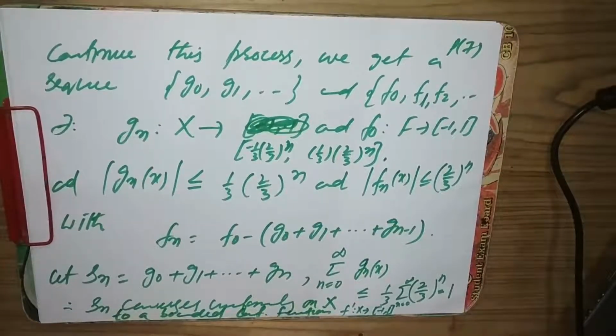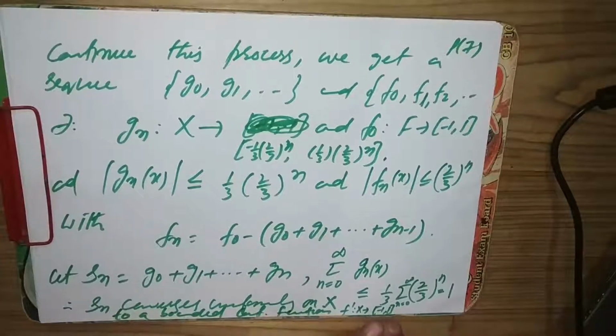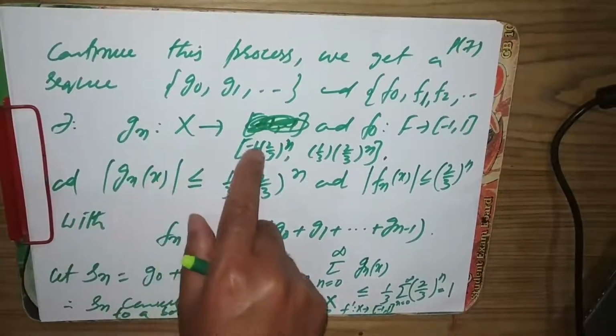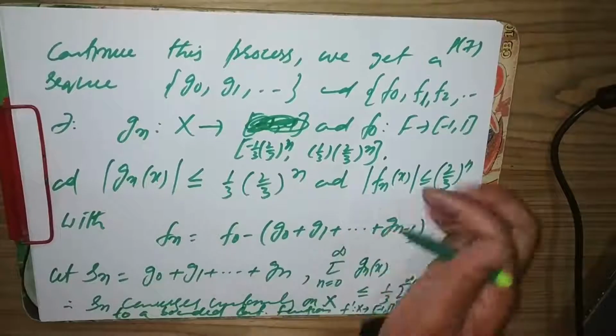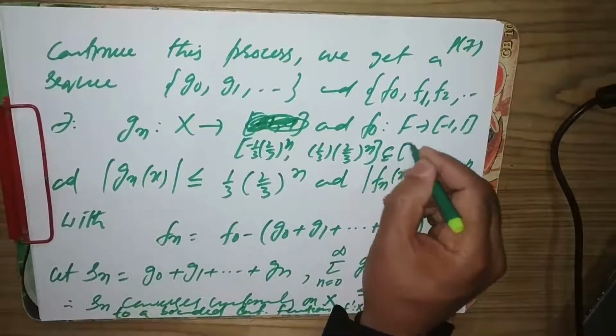So what are these g_n? Since g_n is a function from X to [-(1/3)(2/3)^n, (1/3)(2/3)^n], it's actually a subset of [-1, +1].